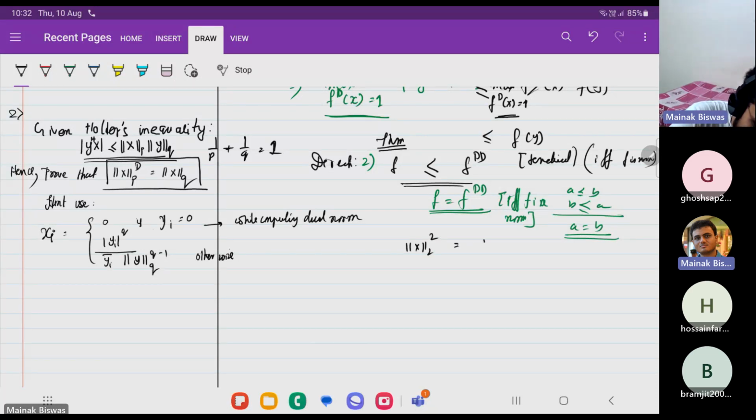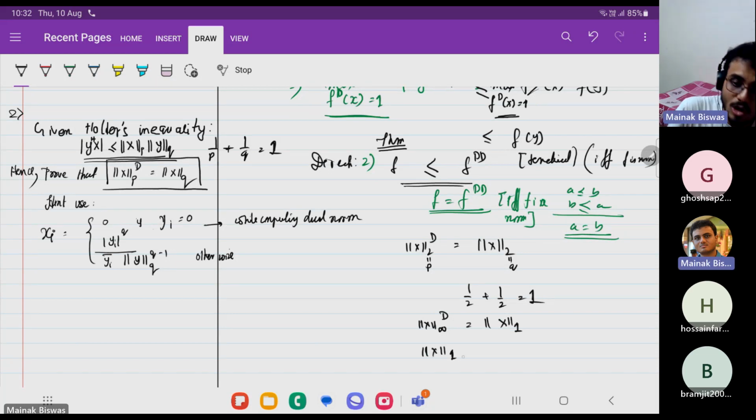Didn't you see the x2 norm's dual was equal to x2? Right? So this is equal to P, this is equal to Q. So 1 by 2 plus 1 by 2 equals 1, right? That was valid. Similarly, the x infinity dual norm was equal to x1, and the x1 dual norm. So I have told you the dual of the dual is equal to the primal. So I can take the dual again on both sides. What will I get?